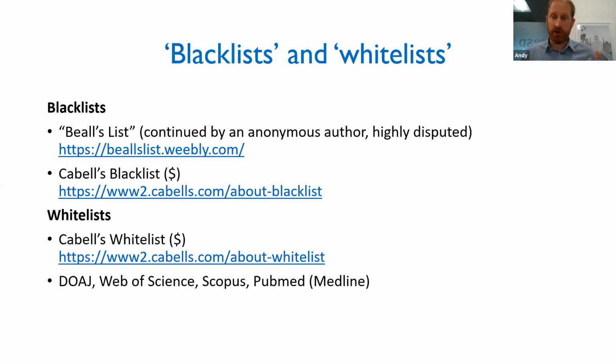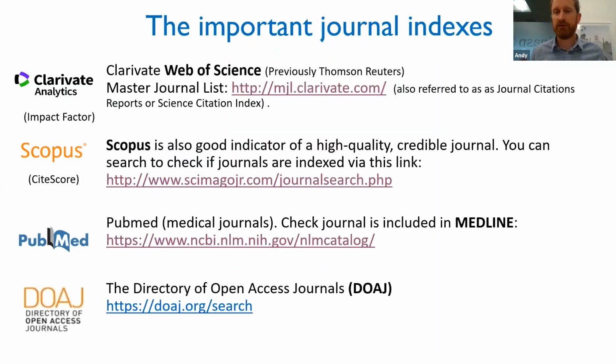Other things that I'd call whitelists are the very prestigious databases called Web of Science, Scopus, and PubMed, or Medline, which I will talk about now because I think it's important to recognize what these are. Many people are critical of some of these, such as the Web of Science or Scopus, because they're not very geographically diverse.